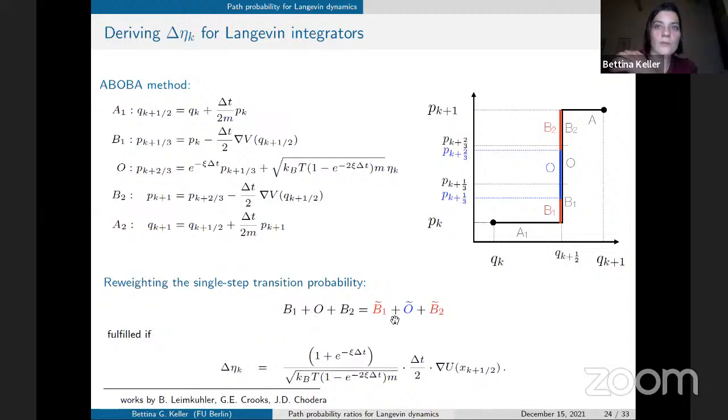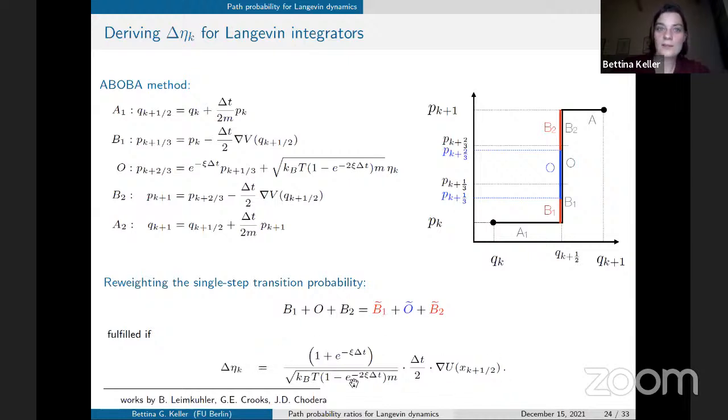So these 3 terms need to be the same as these 3 terms in the reweighted system. Yeah? You get the distances from these 3 equations in here, and then you change the potential and solve for delta eta k.